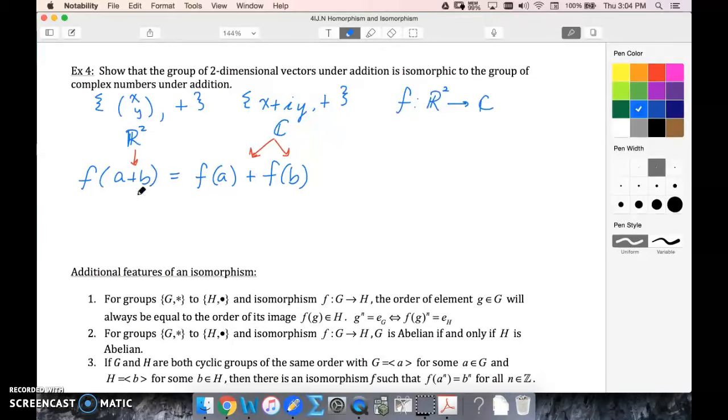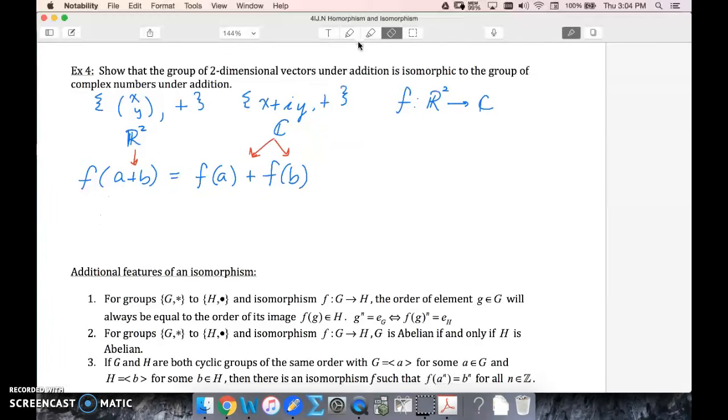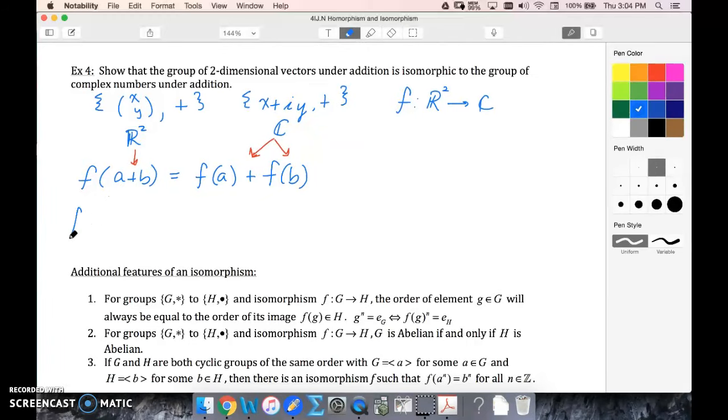All right, so we need two different vectors here for our a plus b. So I'm going to use x1, x2, y1, y2. So our first vector would be x1, y1, and we're going to add that to x2, y2. Okay, so here I'm looking at the left-hand side.